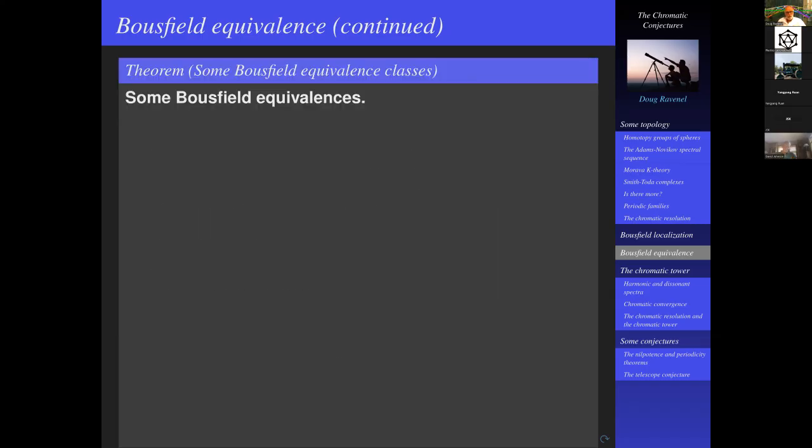Now, here are some examples of such things. One is the Bousfield class of the sphere spectrum, which, as I mentioned, is the maximal element. Now, it turns out that that is equal to the wedge of the rational sphere and all the mod P spheres, all the mod P Moore spectra.